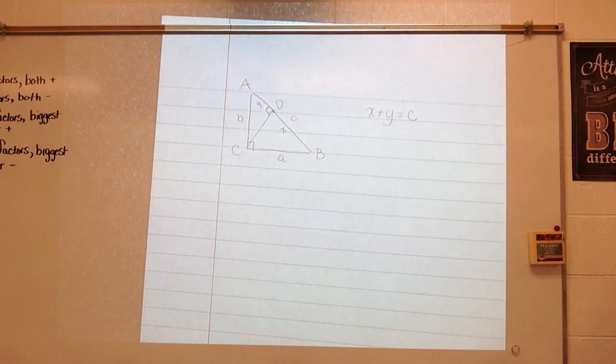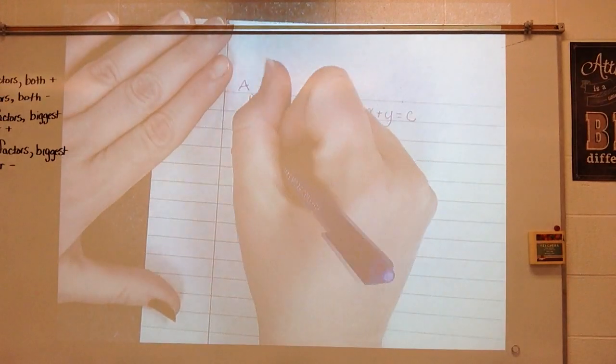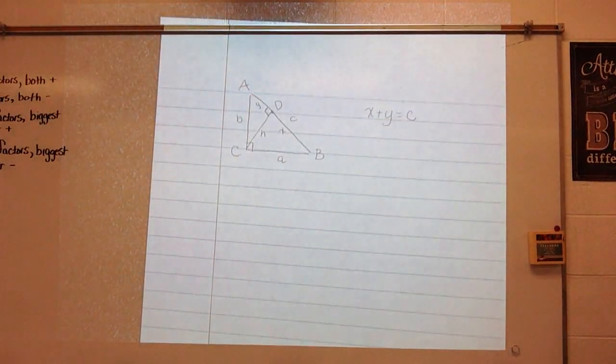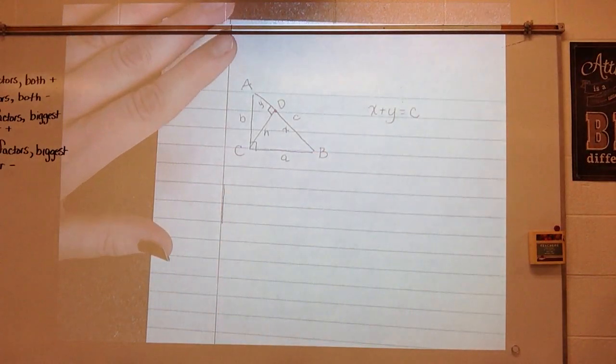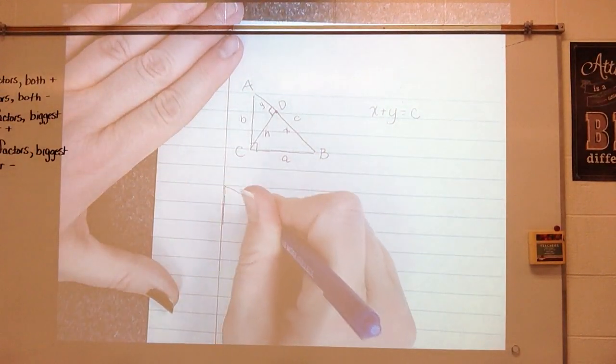So what do we know about the original triangle and the two sub-triangles? Well, we know that these three triangles are all similar. So I can rewrite them as three similar triangles. If you want me to, we can draw them out. Let's look at our original triangle and our two sub-triangles.